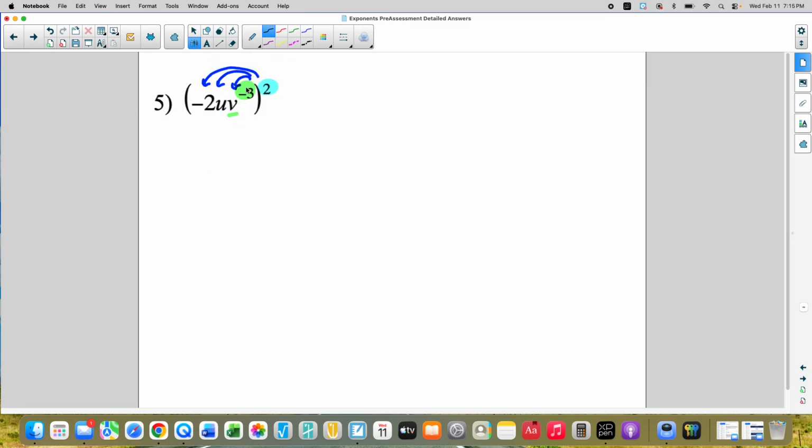So do not distribute this in. This is the only one. So this gives us the quantity of negative 2 to the 1 times 2, u to the 1 times 2, and v to the negative 3 times 2. That's negative 2 to the second. That is u to the second, and v to the negative 6.